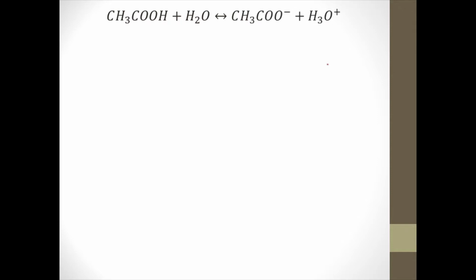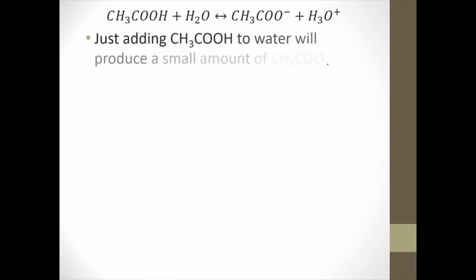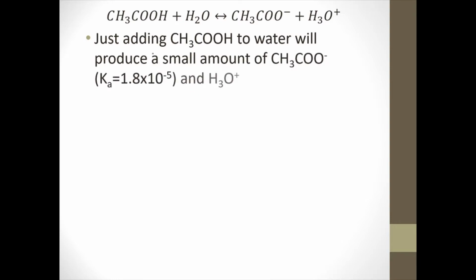If I were to add just the acetic acid to water, what will end up happening is that the acetic acid will dissociate into a small amount, and this is key, a small amount of its conjugate weak base and a small amount of hydronium, like really tiny, because Ka is really small, so it's going to be a very, very small amount.